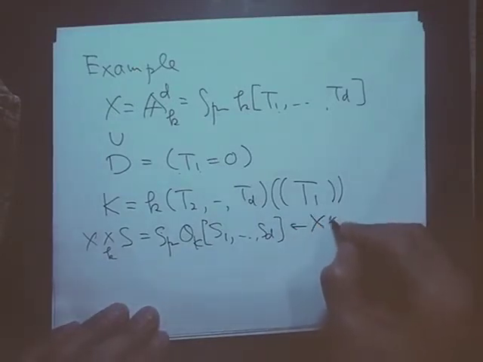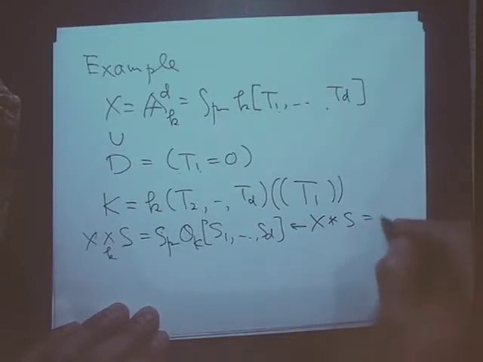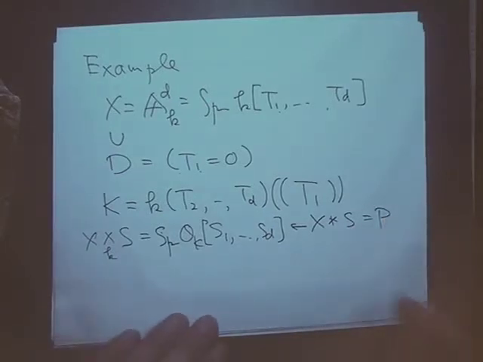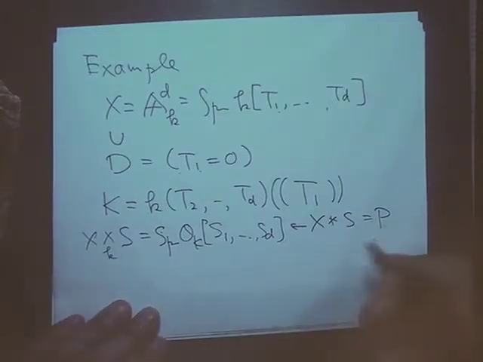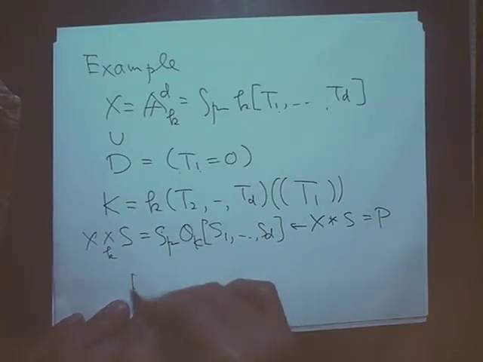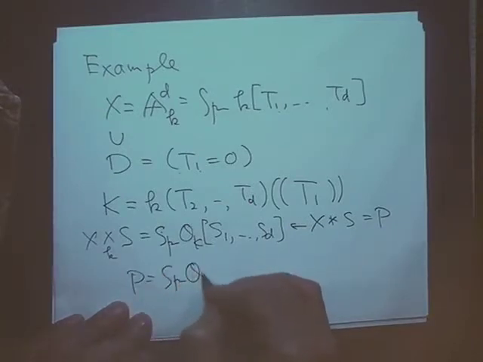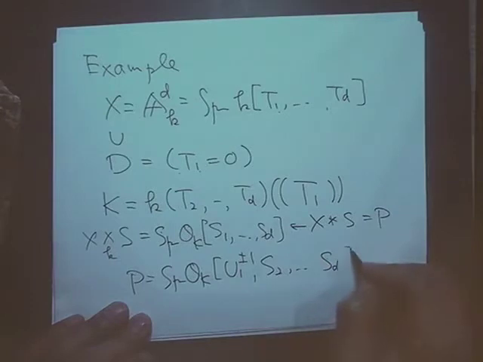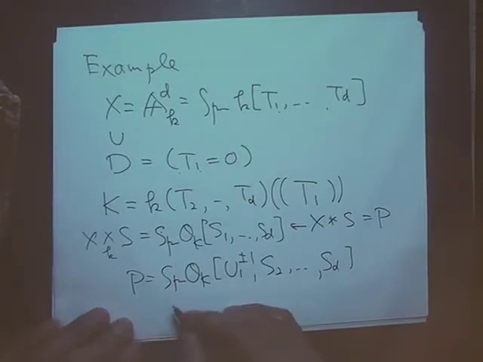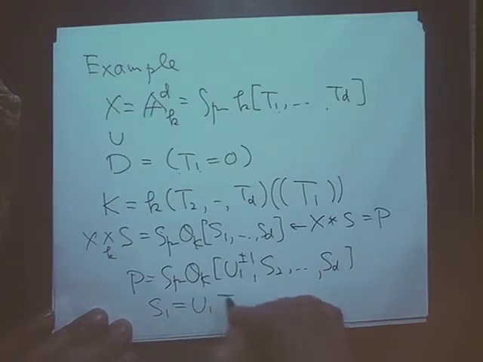Now P is the base changed log product, and so this P is Spec of O_K, U1 plus minus 1, and the remaining variables stay the same. And this U1 is S1, so we have the relation S1 is U1 times T1.